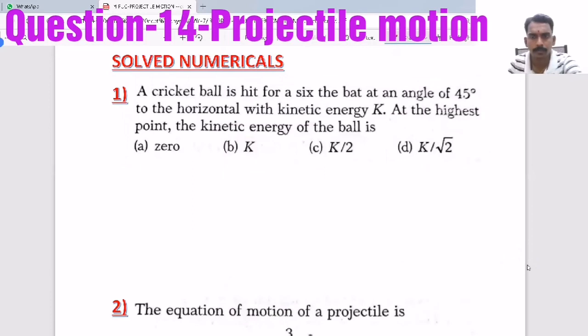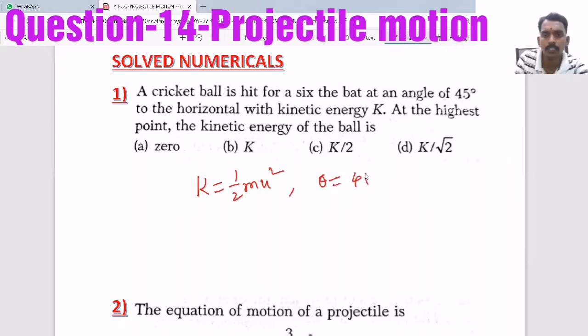The first question: a cricket ball is hit for a 6, with the bat at an angle of 45 degrees to the horizontal, with kinetic energy K. That means the initial kinetic energy is half mu square, where the angle of projection is 45 degrees. At the highest point, only Vx will be there, that is u cos theta, and Vy will become 0.